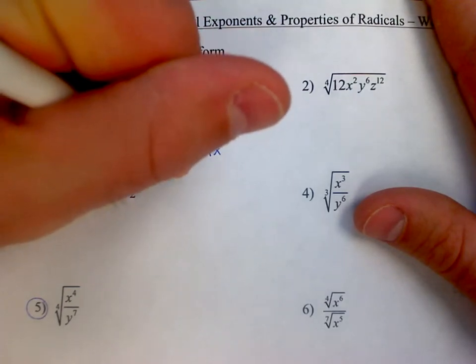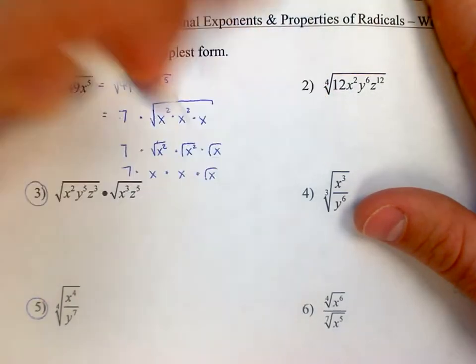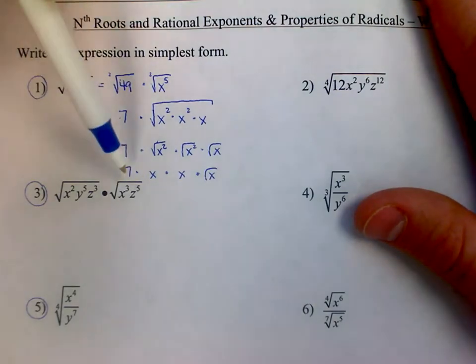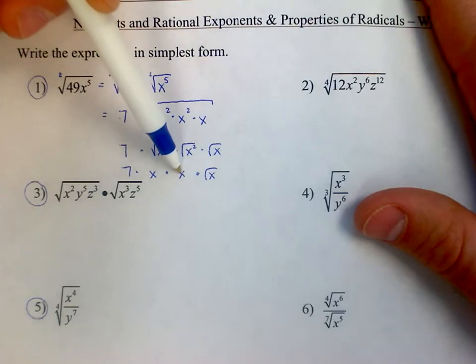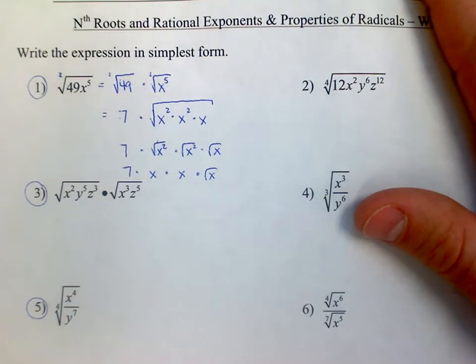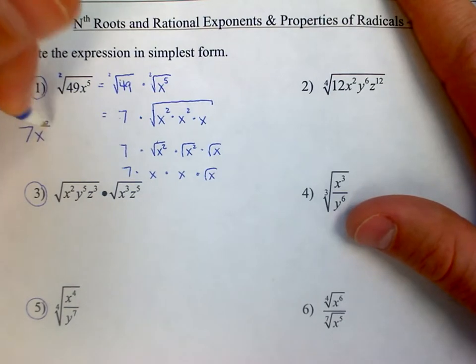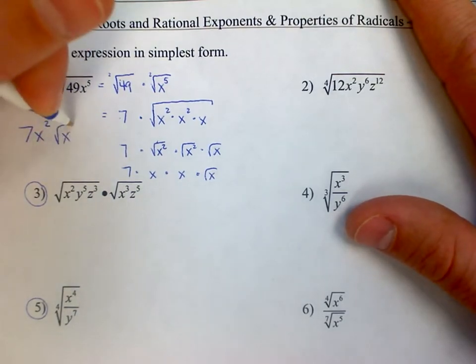So it's 7 times x times another x, and then I have that oddball square root of x on the outside, right? So the simplified form of this would be 7 times x times another x gives me 7x squared. And then I have the square root of x on the inside that's left over. I can't pull it out because it doesn't have a perfect square, right? It's not a perfect square that I can pull out. So the simplified version of this would be 7x squared times the square root of x.